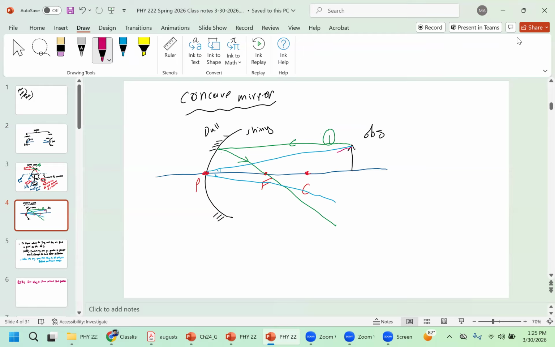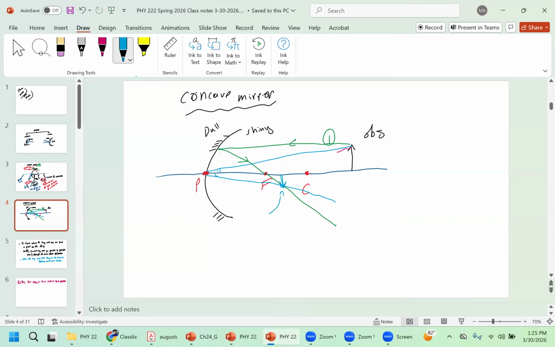So now we have the object. Once we put the object in, we said it goes parallel through the focus, or through the focus parallel, or through the pole and comes back with the same angle. We get an image formed between F and C, your focus and your center of curvature.